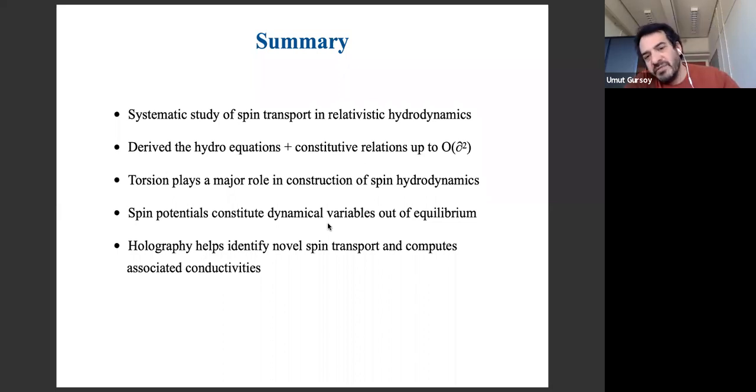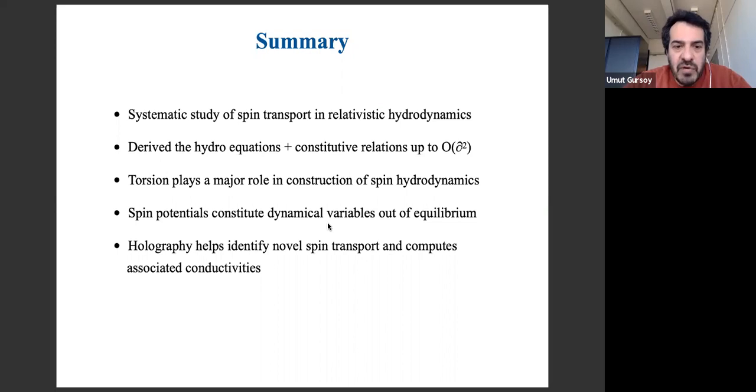Even though I didn't explain in detail, one nice thing about holographic calculations is that it really helps you identify some novel transport channels, and it also computes the associated conductivities for you. If you have more time later on, I can mention this after finishing the official talk.